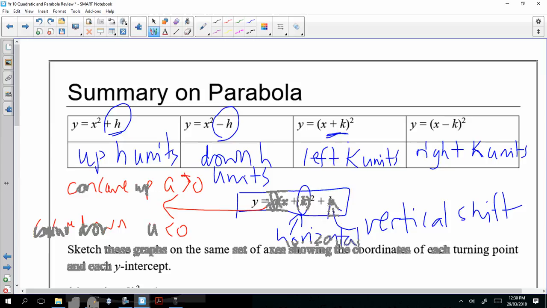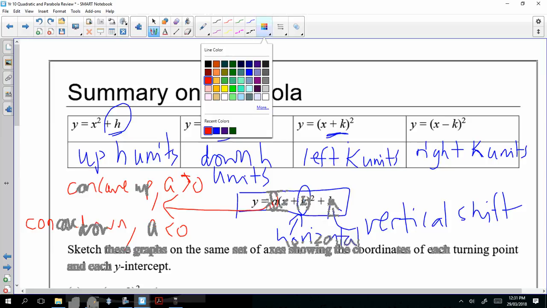And of course, a bigger value of A gives a narrower parabola, or wider, etc. Okay, these are all the information. We're going to apply this to the graph below. We'll do 2 examples, then we look at another type. So these are the shifting ones, so you need to know how to shift parabolas.